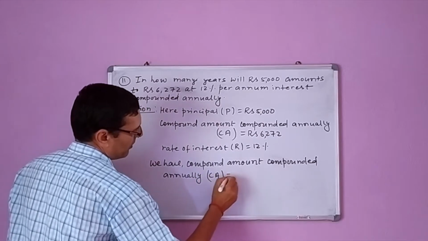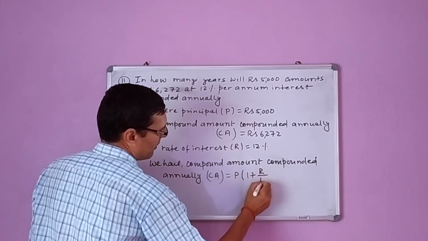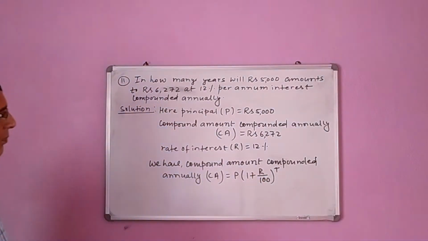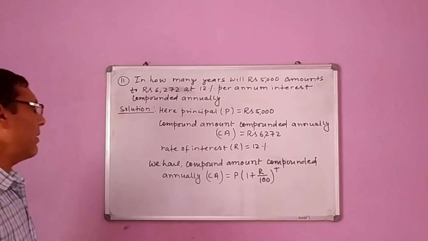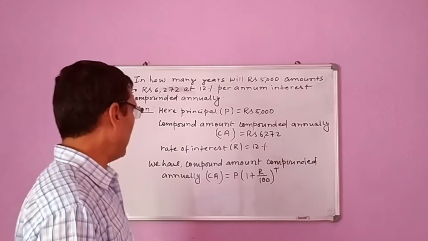CA is equal to P times (1 plus R upon 100) to the power T. This is the formula to calculate compound amount compounded annually.